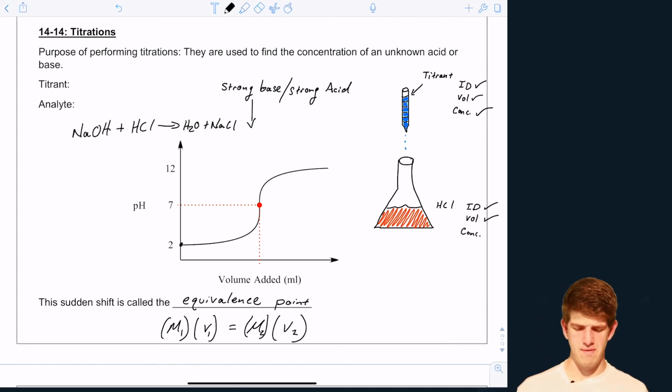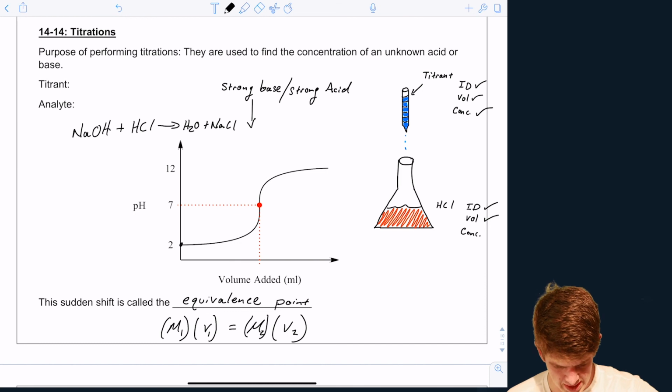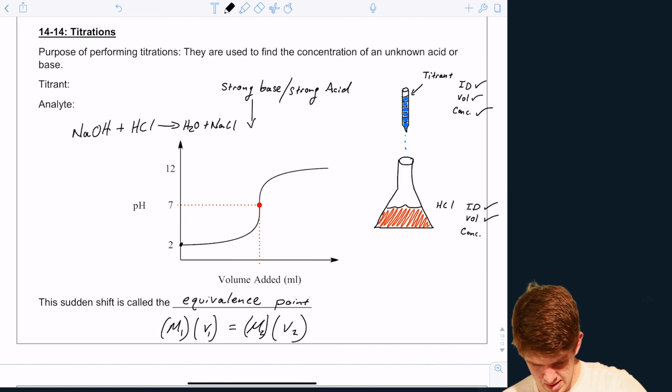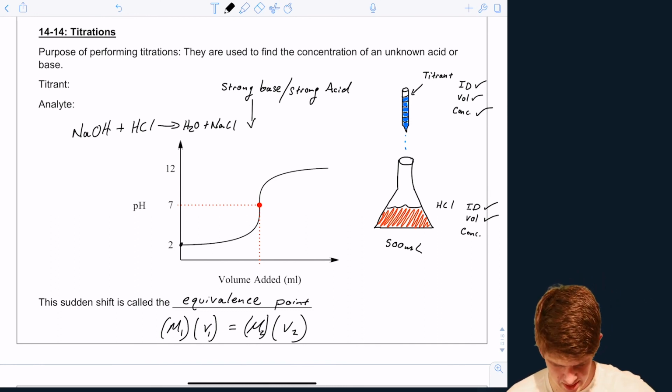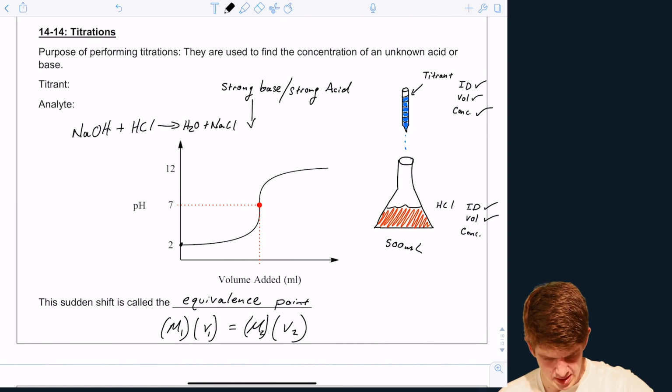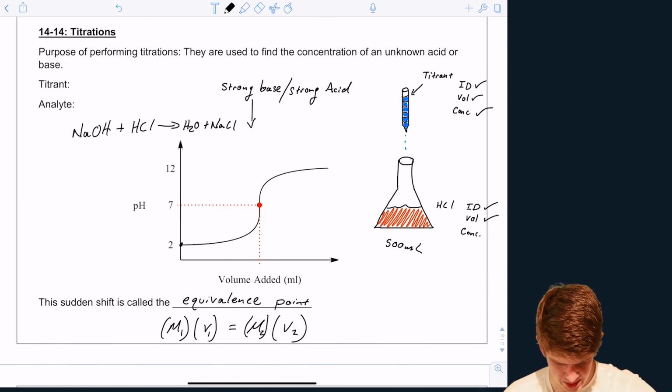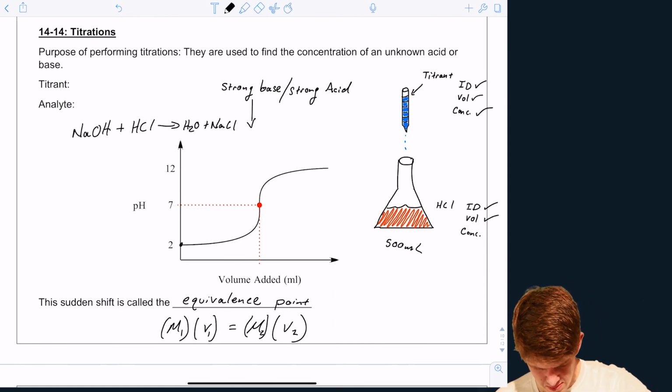So let's just say, for this example, we know that the HCl solution has a volume of 500 milliliters. So let's set this up as M1V1 equals M2V2.